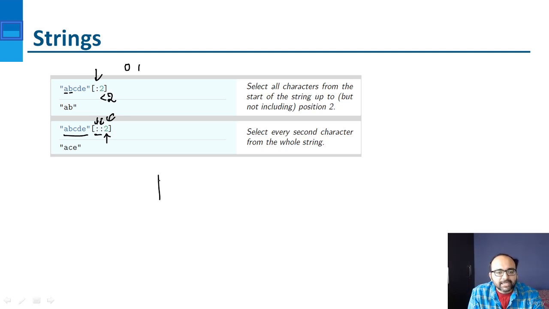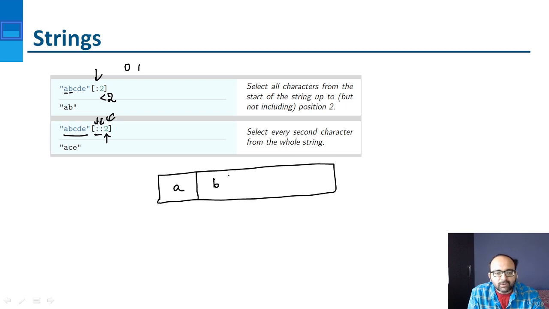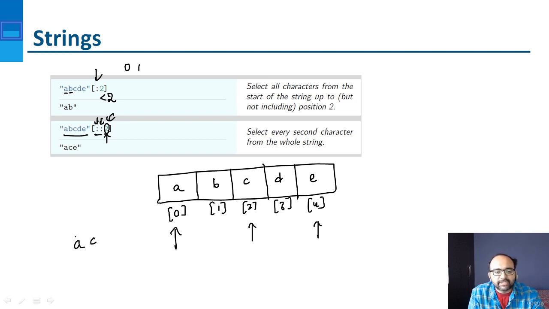If you observe here, the string will be located like this: A, B, C, D, E. And index is like this: 0, 1, this is 2, this is 3. After that, it will increment by 2. Now it will reach here and it will display C, and then increment by 2, it will reach here and it will display E. Like this.